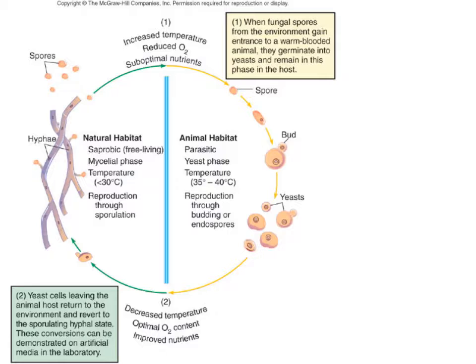When you decrease the temperature and take this particular fungi into the environment, then that's where they call it saprobic. Saprobic means free living. And the temperature is less. In this case, reproduction occurs through sporulation, hyphae are formed, and again spores will be formed, and then this cycle will continue.